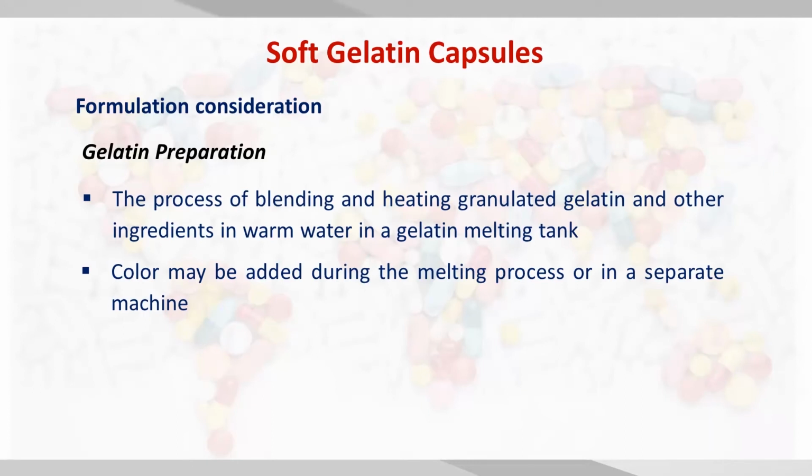In discussion with the gelatin preparation, the process of blending and heating granulated gelatin and other ingredients in warm water in a gelatin melting tank is a very crucial step. Color may be added during the melting process or in a separate machine. Filling material preparation, how can we do that?